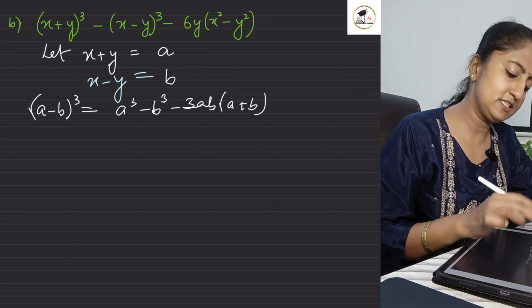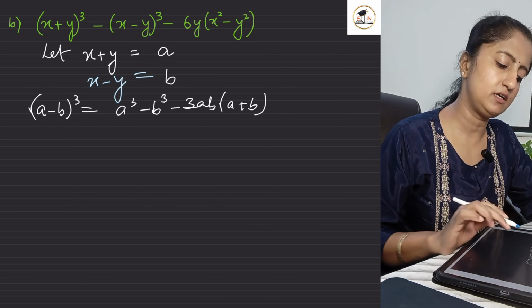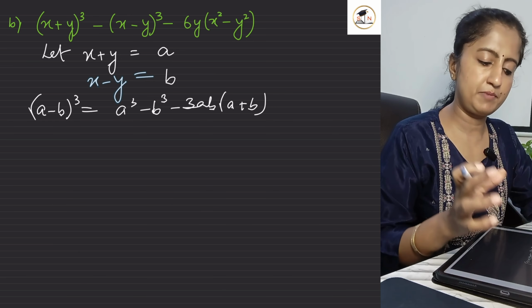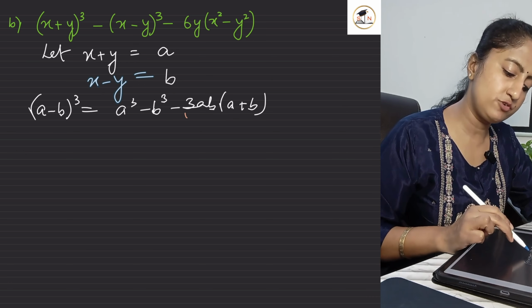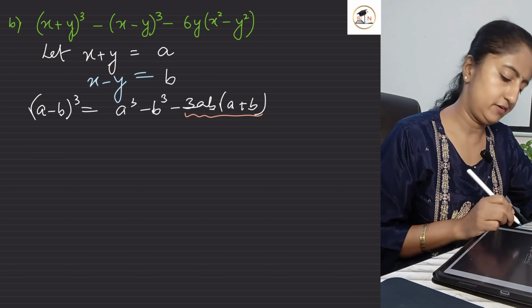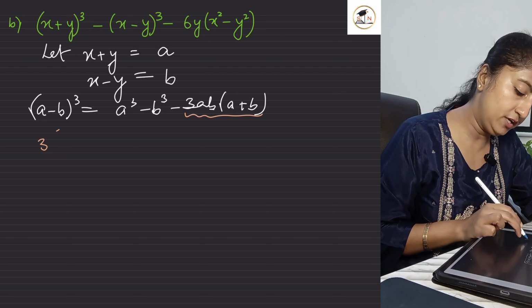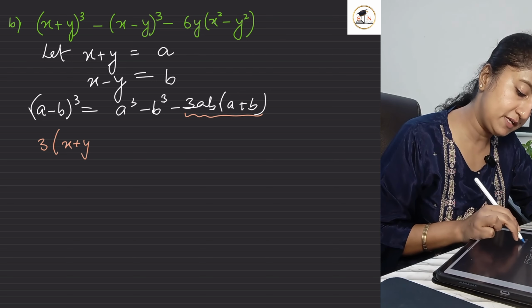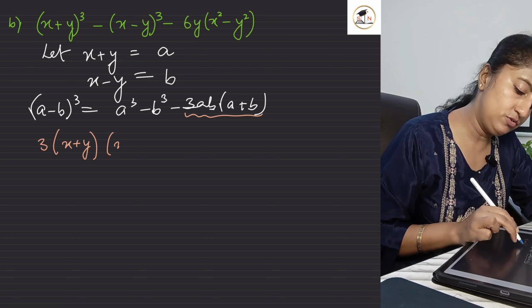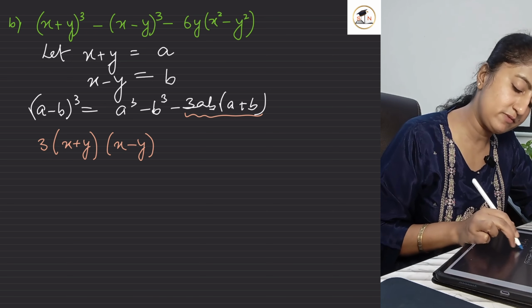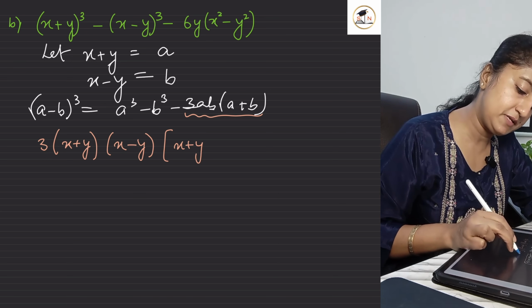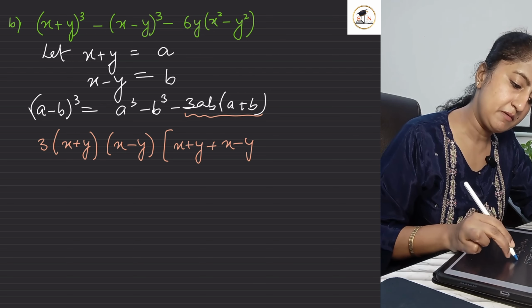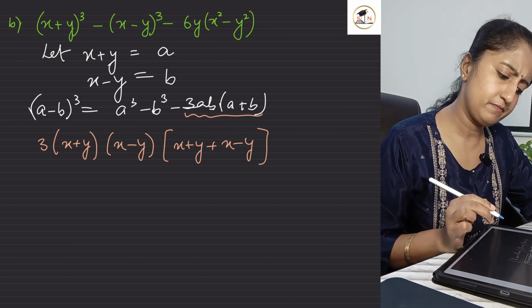I'll show you why we are not able to find them. a³ minus b³ is evident, it is clear cut. But why is the last bracket slightly different? So first, I'm just going to solve this part. If I write 3 into a, that is x plus y, into b, that is x minus y, and then we have a plus b, which is x plus y plus x minus y.